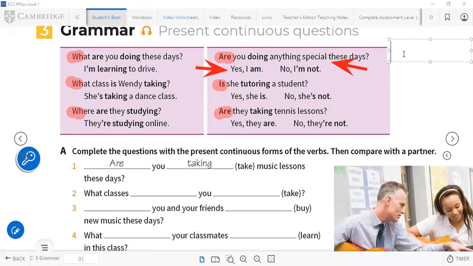So we have here, we have to learn wh-questions.